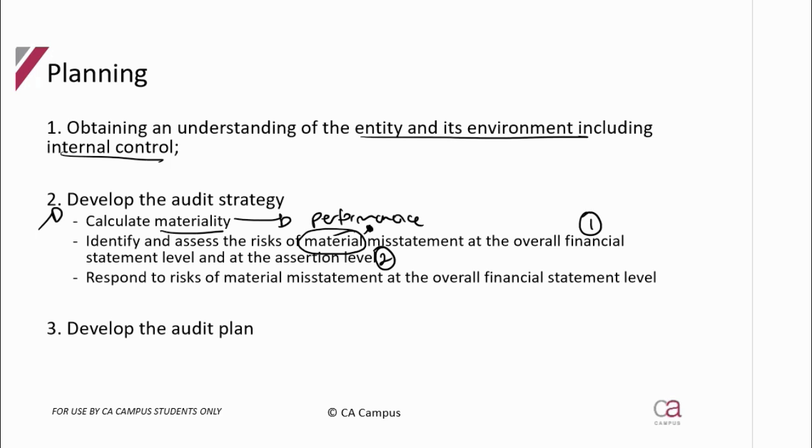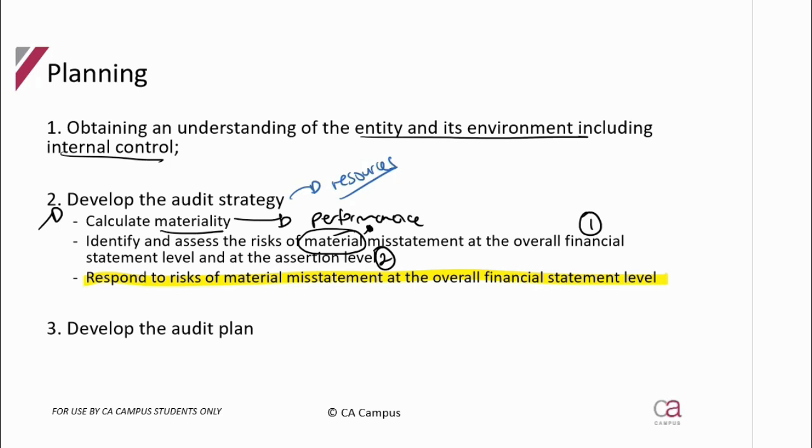Now we need to respond. Guys, we have touched on responding as part of our audit strategy already, because remember, our audit strategy ultimately allowed us to manage our resources or adapt our resources based on the risks and the materiality. And we're going to see today that responding at a financial statement level is all about that adaptation of the resources.